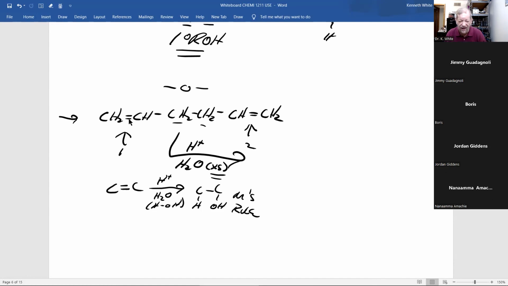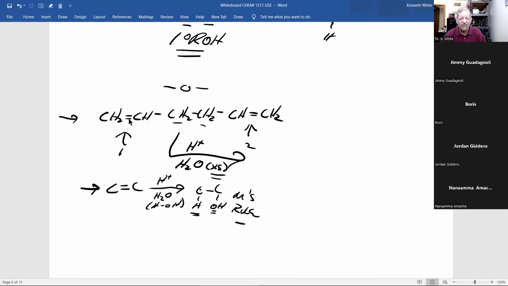You don't need extra catalyst, so I don't have to balance it, which is why I put excess there. Now, double bond, acid and water: you break the pi bond, one carbon gets the hydrogen, the other gets the hydroxyl group, and it follows Markovnikov's rule.